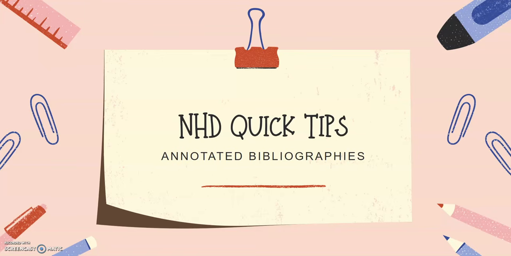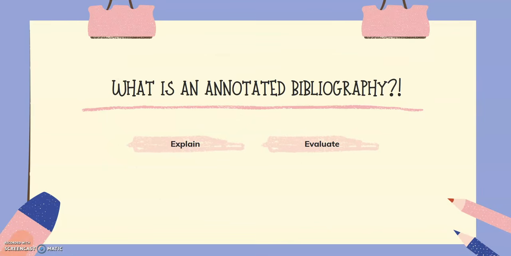So we have to start out with the first question. What even is an annotated bibliography? Well, an annotated bibliography brings together all the sources that you use for your NHD project, and that includes both primary sources and secondary sources. But note that really important word, annotated.